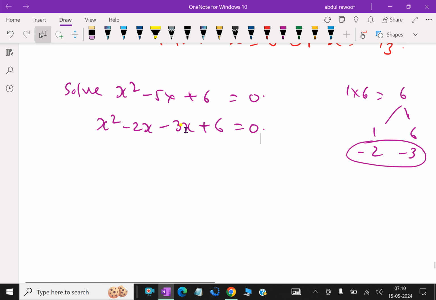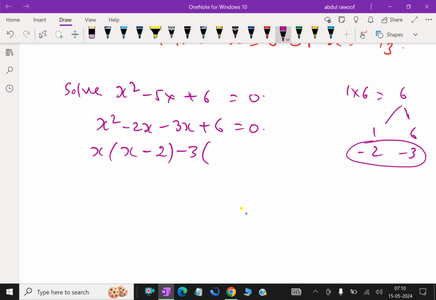Now there are four terms. In the first two terms, what is common? x squared and 2x, common is x. Then x into x is x squared, and x into minus 2 is minus 2x. Here, minus 3x and 6, common is 3.